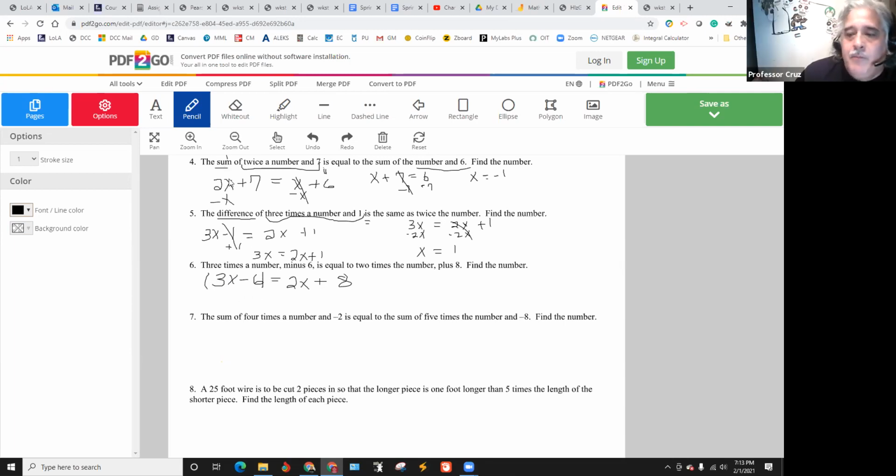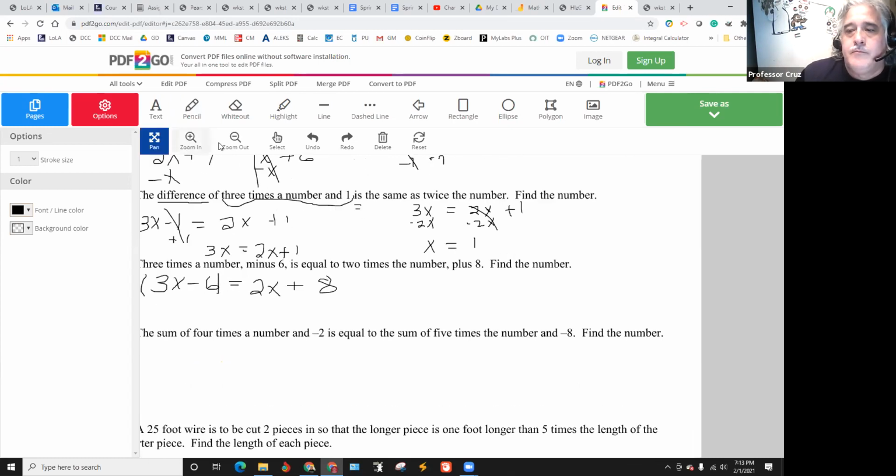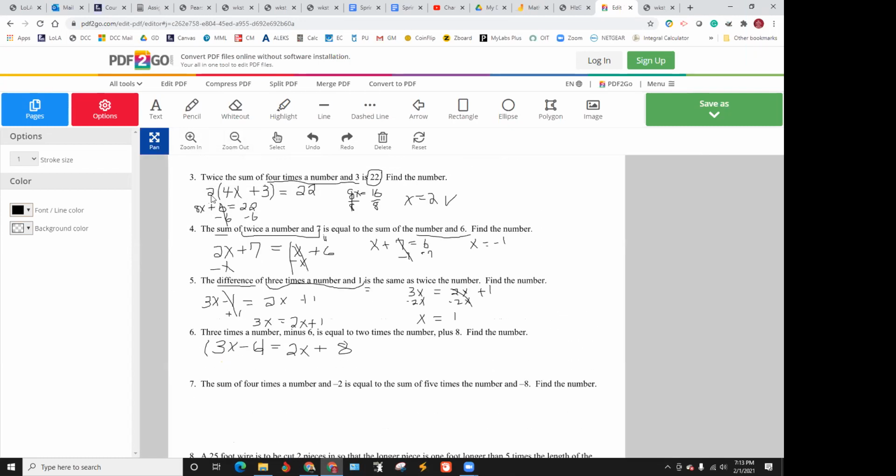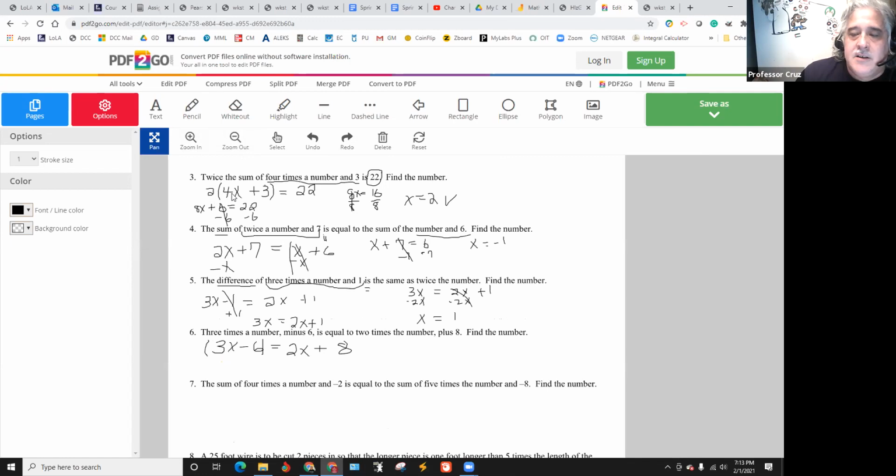Well, okay. See up here, it mentions sum. Up here, these are specifically saying twice the sum of a number and 3.